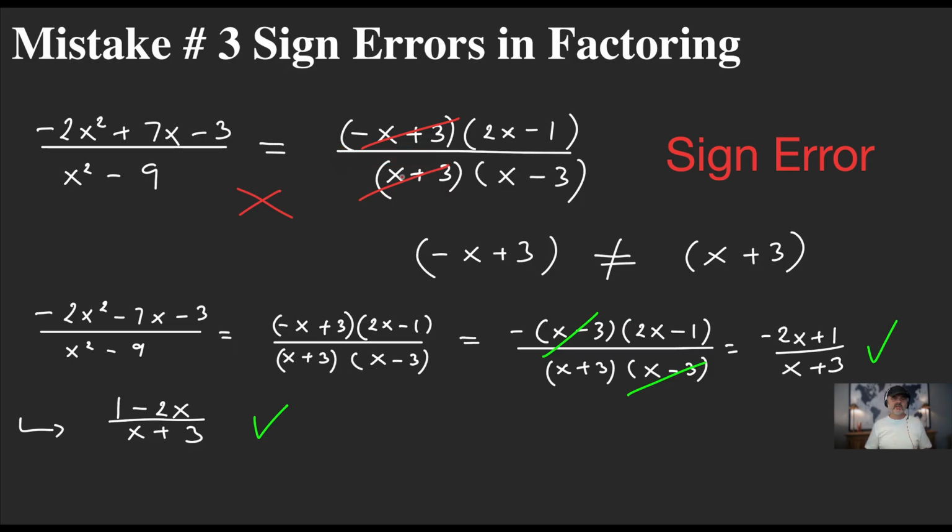So how to correct this problem? You would proceed to factoring and you will do the factoring correctly as we did already in the step above. But you don't want to cancel now, because negative x plus 3 and x plus 3 are not the same. So what you would do, you would take out -1 from the first binomial by showing it right here.